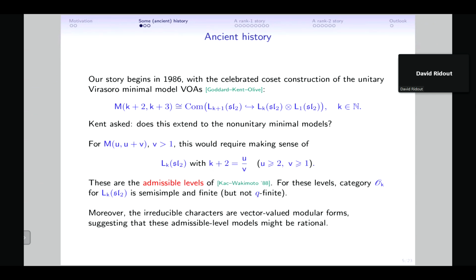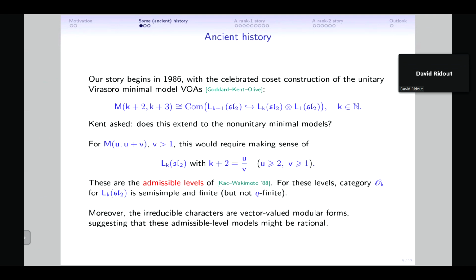So here we've got, as you probably all know, the definition of the admissible levels for SL2, as pointed out by Kac and Wakimoto.